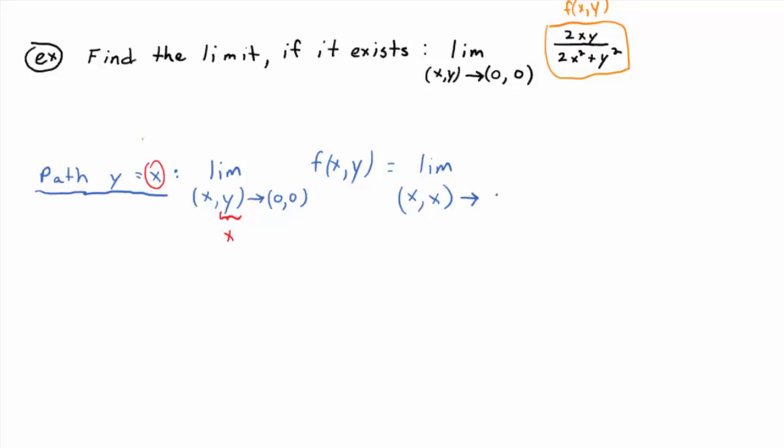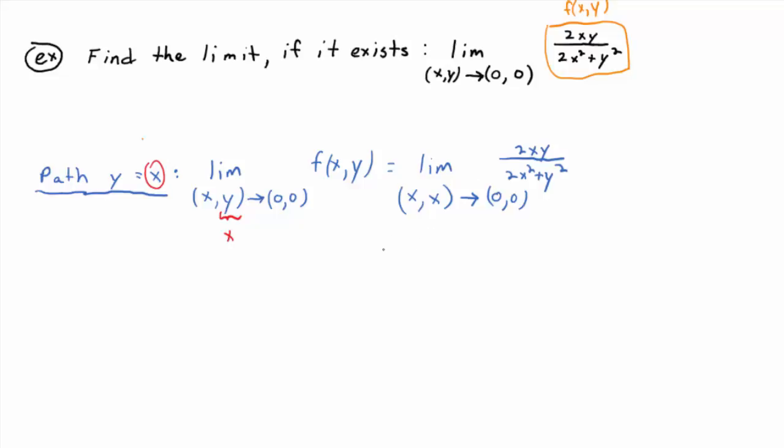So on that path to (0, 0), we're taking the limit of f(x, y). But wait, what's f(x, y)? f(x, y) is this thing, so why not just put that in there? 2xy divided by 2x squared plus y squared. Now, I can replace y with x in that formula.